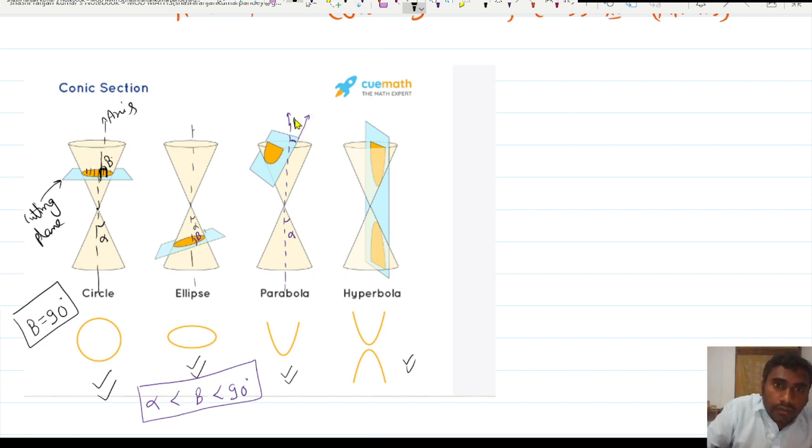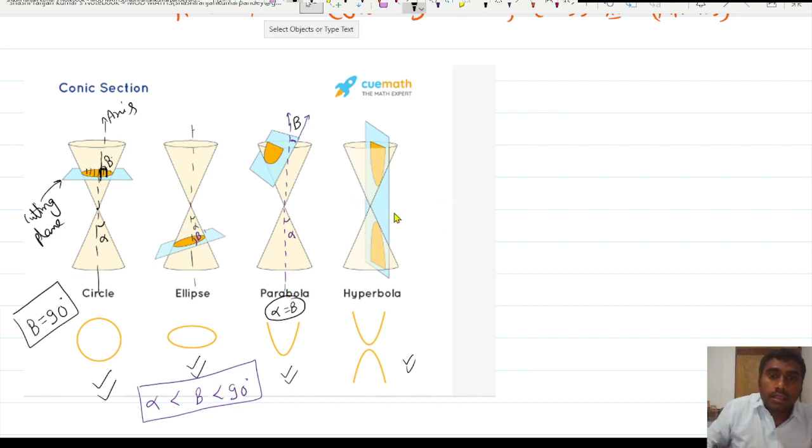So if alpha is equal to beta, then it will form a parabola. Got it or not? If alpha and beta are the same, it will form a parabola in this case.